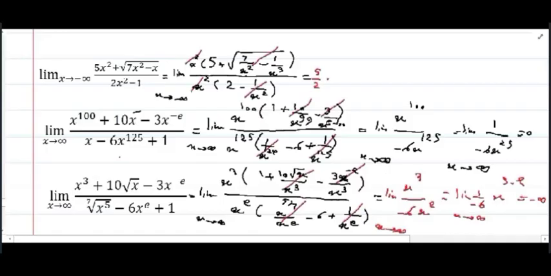Let's come back to this. As you see here, x^3 is more than x^e, so it should be infinity, but the coefficient of x^3 is 1, the coefficient of x^e is minus 6, so the result should be minus infinity.